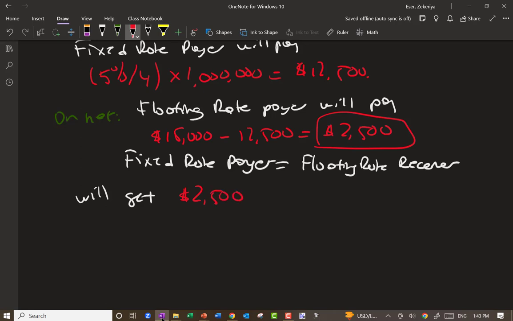For certain quarters, floating rate is going to be less than fixed rate and vice versa. And that's the entire point of the exchange. Okay? With the single currency interest rate exchange, there is no initial or final exchange of the principals. You only exchange the net interest payments. So let's see how this is useful.